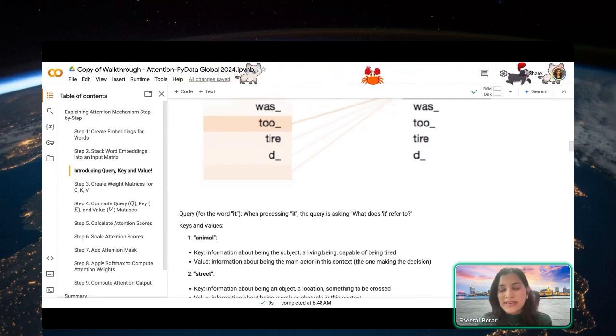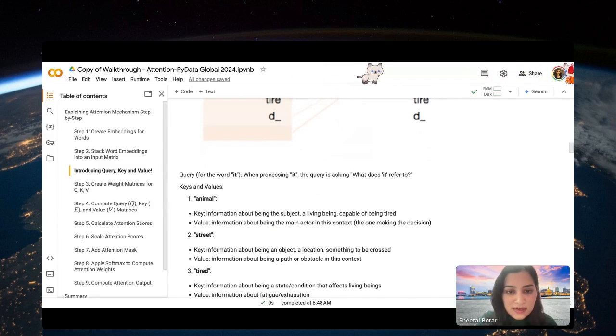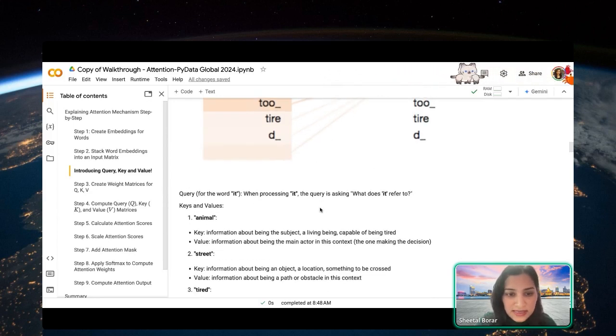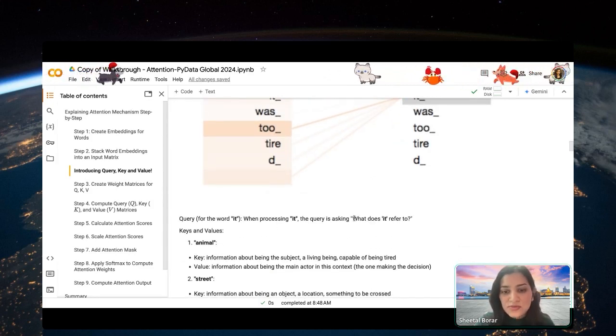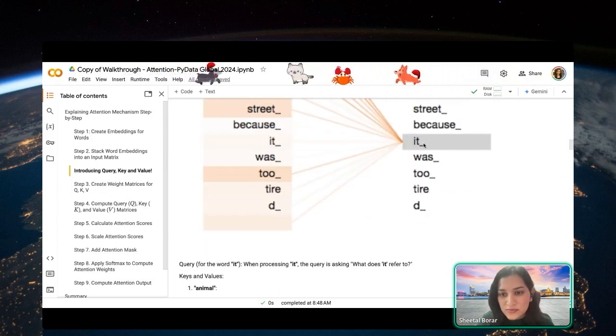So, firstly, query, key, and value matrices are just transformations of our input matrix X. In this example, we are going to try to understand from this diagram itself. Query for the word it is essentially trying to ask a question: what does it refer to?